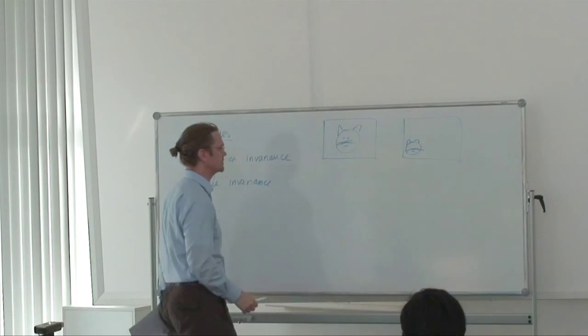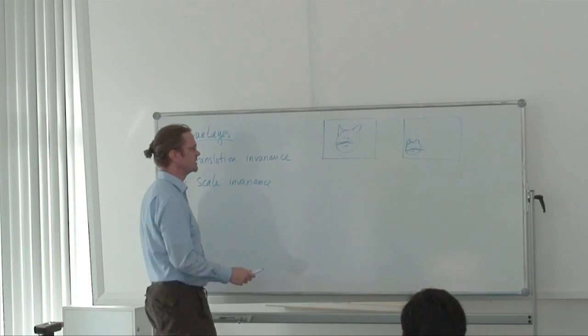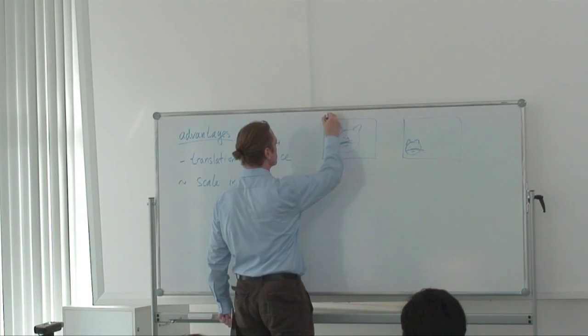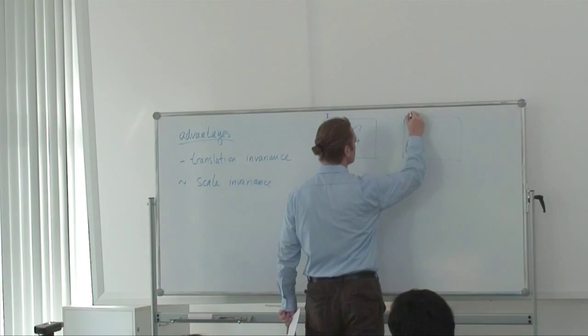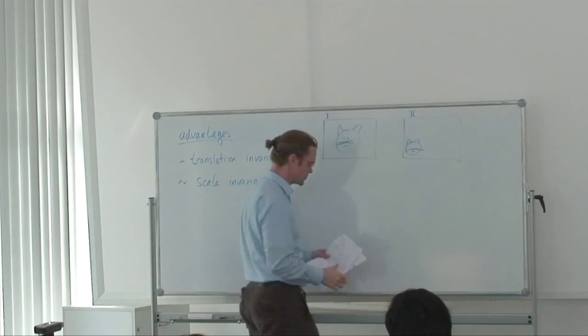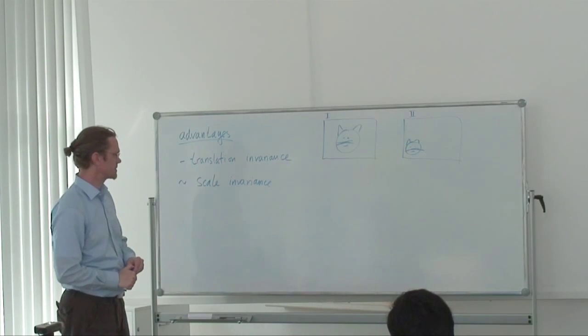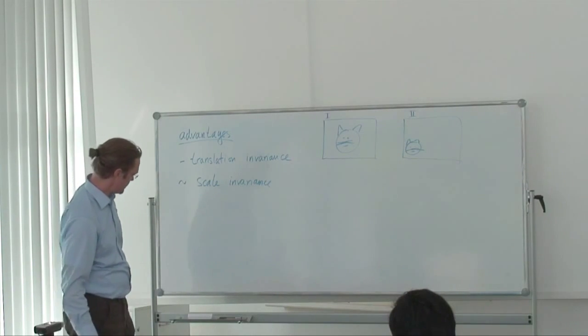So it's two images of the same cat taken at two different points in time, image 1, image 2. Now, what are the blobs in these images?